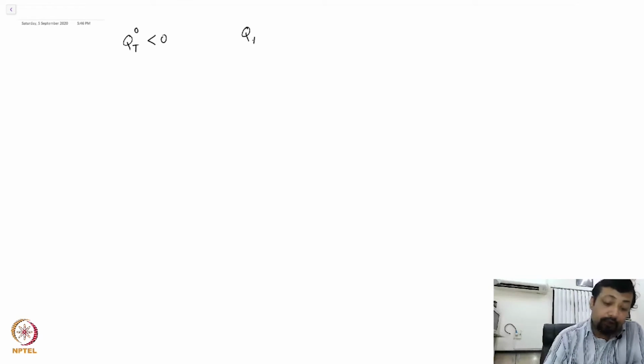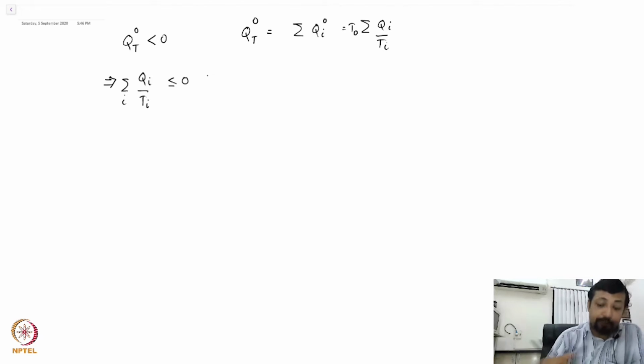But what is Qt0? Qt0 is sum over Qi0, which is sum over T0 Qi over Ti. This implies that sum over i of Qi over Ti must be less than or equal to 0. Well, in this particular case, it must be just less than 0, but we'll combine them, right?